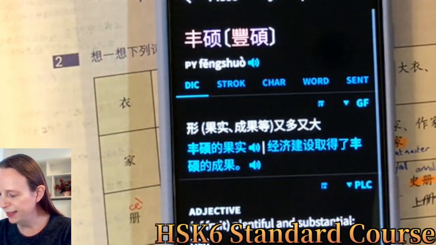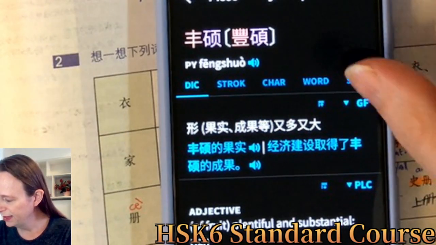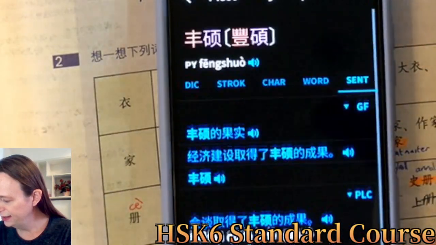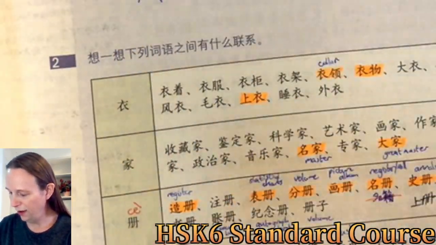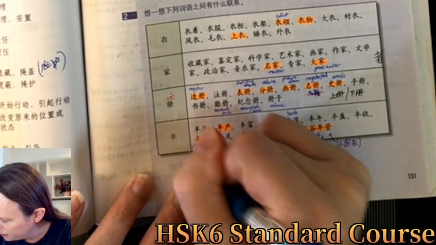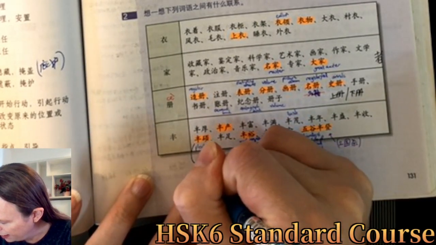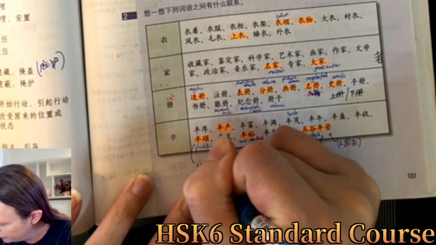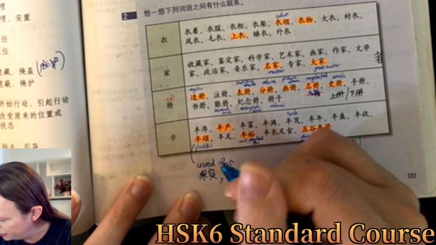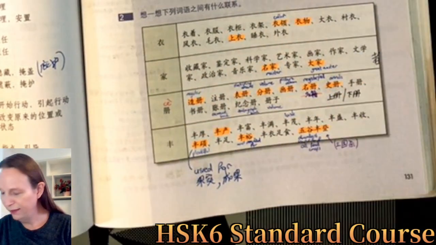So it's literal fruit and fruit in the sense of results. And that's it. Okay. So plentiful, but used for 果实 and was it 成果? Right?